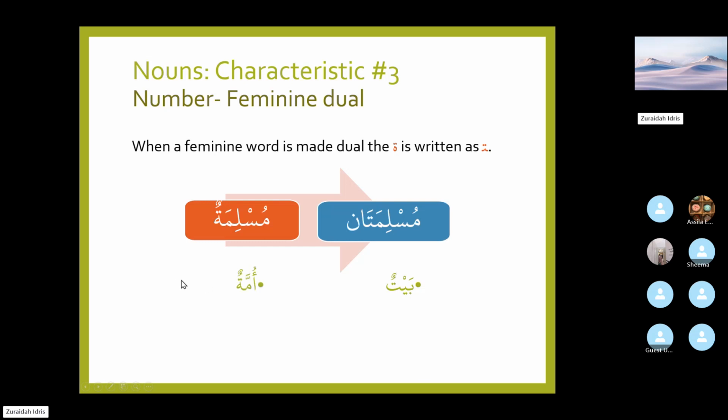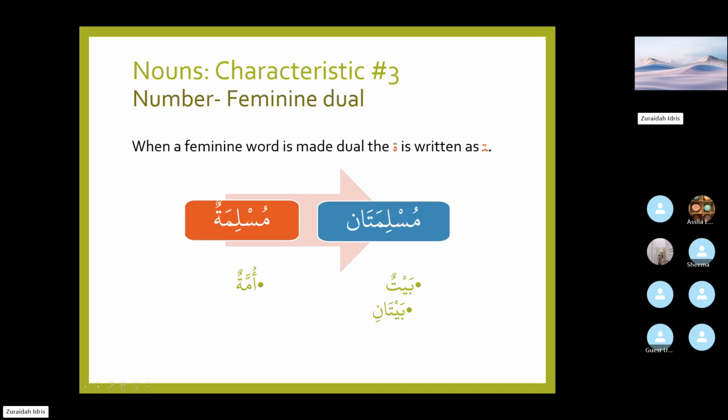Baitani. Because we put a fatha on this, and then we add an alif. The alif was for what again? Rafa. Yes. And nun was for? Heavy. Good.